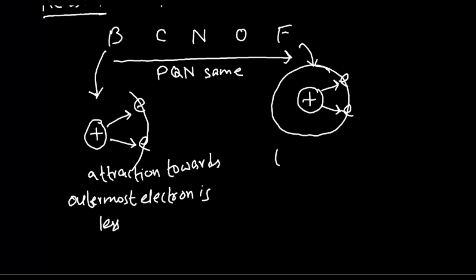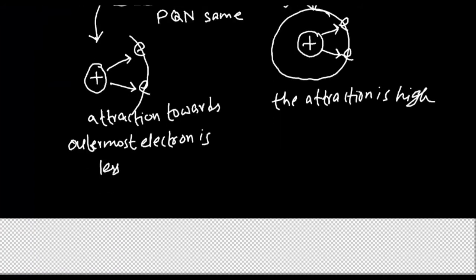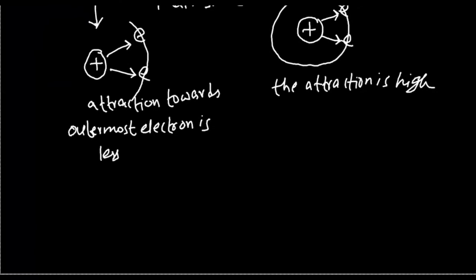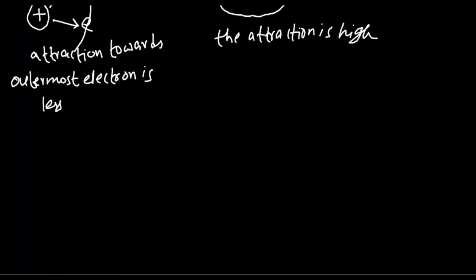And here the attraction is high, due to the higher number of protons. That is why, when you move from left to right across the period in a periodic table, the atomic size or atomic radius tends to decrease. This is the reason for the decrease in atomic radius along the period.